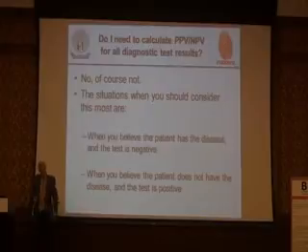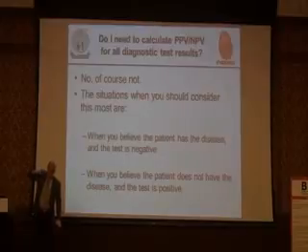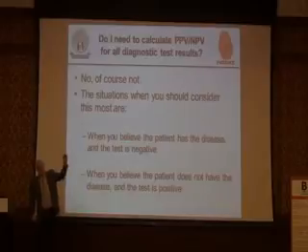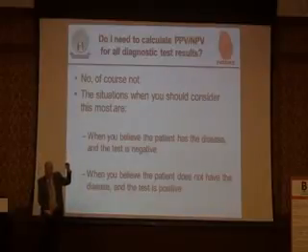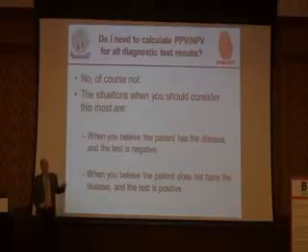For the low pretest probability, the positive test, make sure the specificity is high enough that your positive predictive value reaches the threshold for clinical action. And when you have a high pretest probability, if you have a negative test, you better make sure the sensitivity is high enough that you can trust that negative test and tell the patient, I'm glad to tell you you don't have the disease.